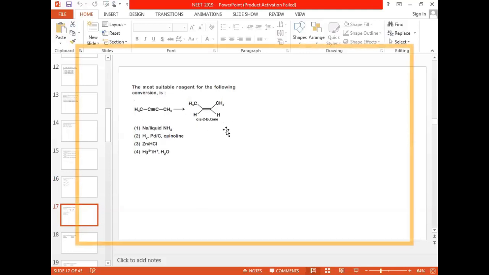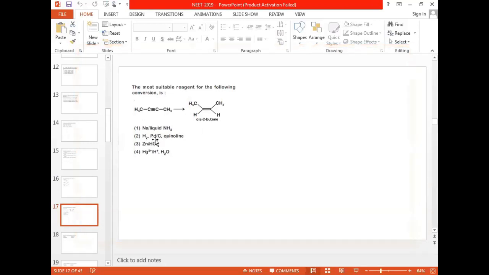When we take partial reduction with hydrogen using palladized carbon in the presence of quinoline, it gives cis-butene. If you take sodium in liquid ammonia, it gives trans-butene. Getting what I'm speaking here?